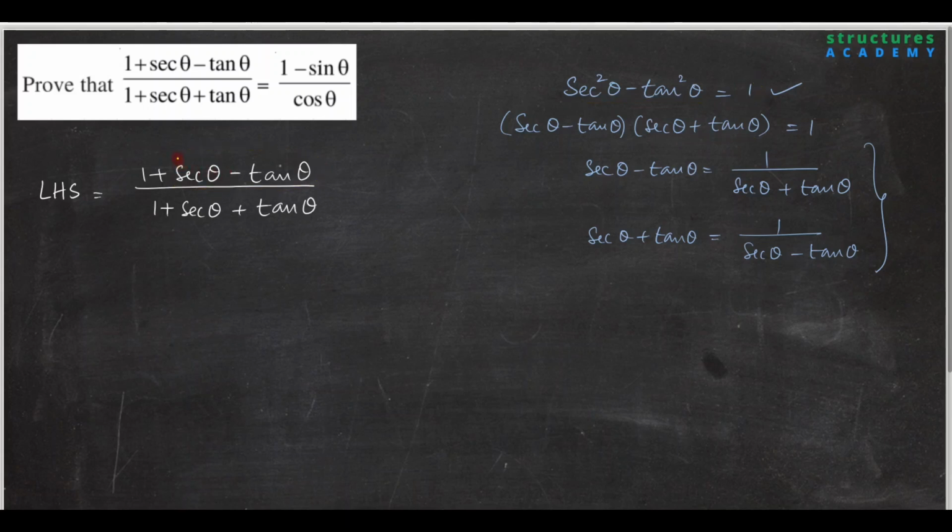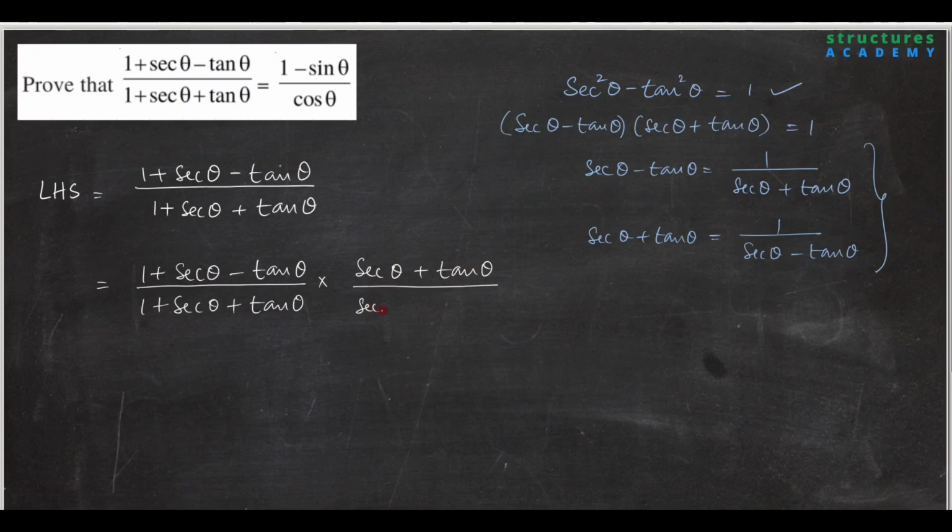But you can't just multiply by this. You need to multiply the rationalizing factor with sec minus tan as well as with 1, and also with the denominator. So what we do is (1 + sec θ − tan θ) over (1 + sec θ + tan θ), multiplied by (sec θ + tan θ) over (sec θ + tan θ).